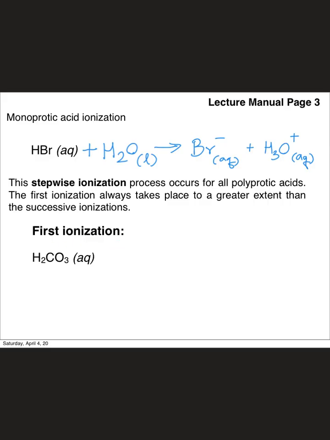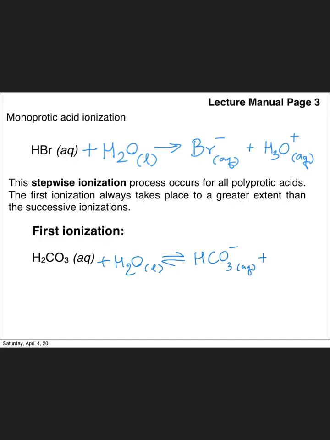The reaction can be written as carbonic acid reacting with a water molecule, and it will give off a proton to water, so it will become hydrogen carbonate, or bicarbonate.